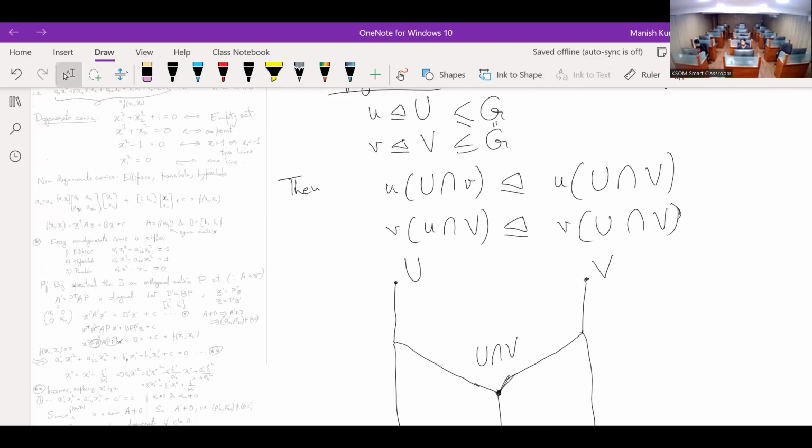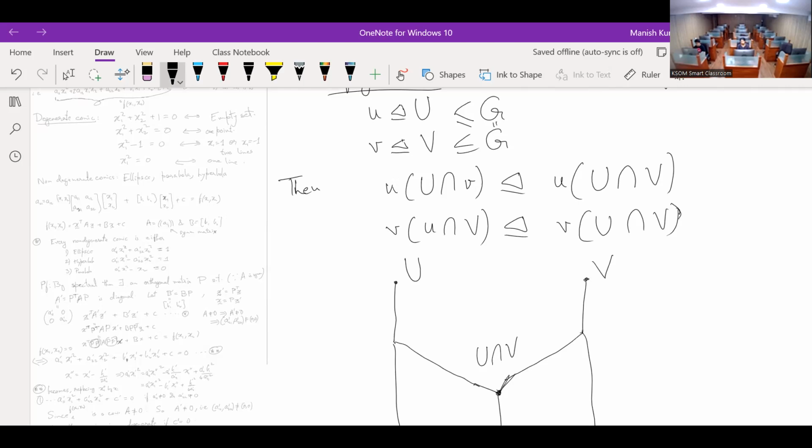So what does this lemma say? You look at the group generated by small u and capital U intersection capital V. This is of course a subgroup of capital U, and this contains it.